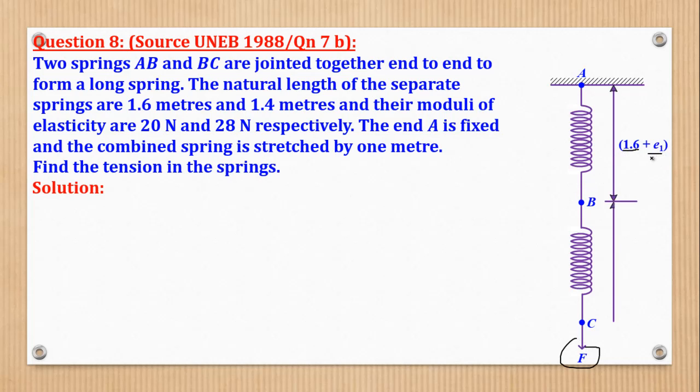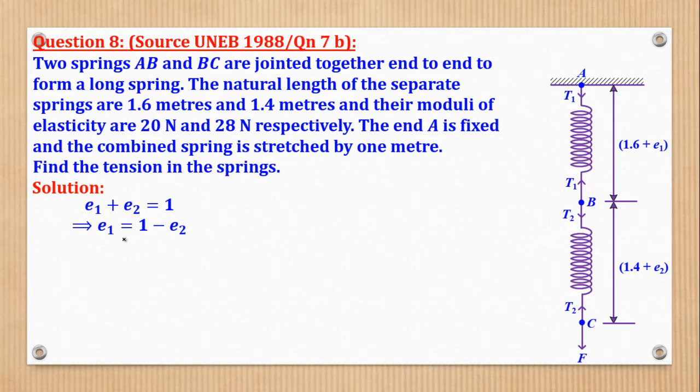Also, this one has both original length and extension. But remember, they told us stretched by 1 meter, meaning this E1 plus E2 must be equal to 1. So this will have tension. Remember, it's tension, the arrows must face each other. Also here, there's tension, arrows must face each other. So that's what they gave us, stretched by 1 meter.